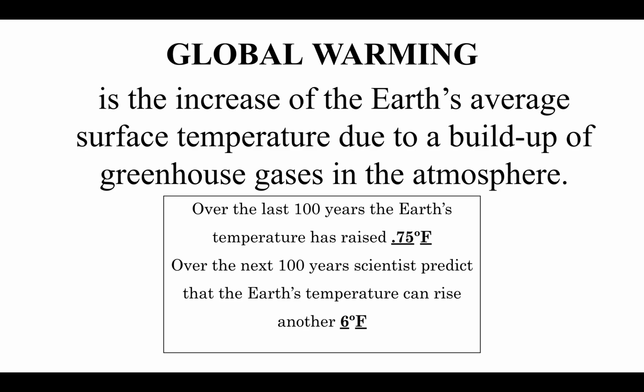In fact, over the last 100 years, it's only changed 0.75 degrees Fahrenheit. But because we have so many cars, so many factories now, over the next 100 years, scientists predict that the Earth's temperature can rise another 6 degrees.